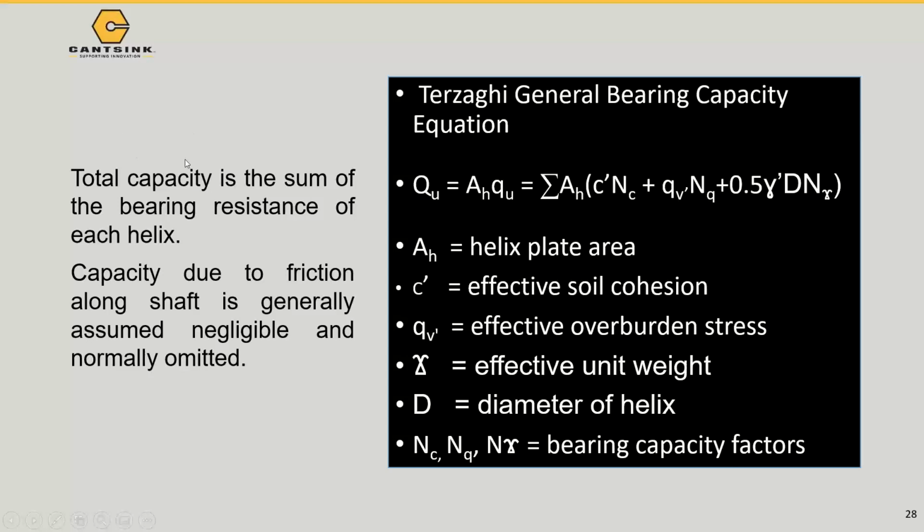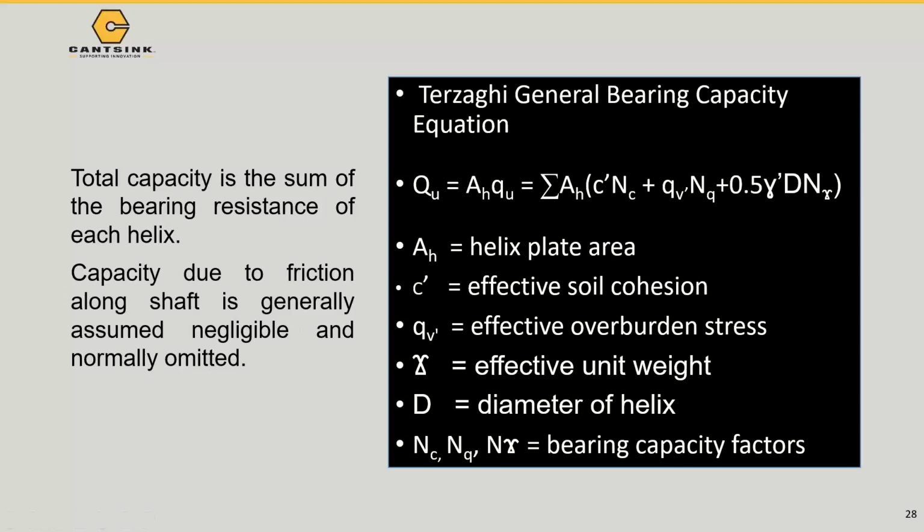It's negligible. And the other thing, we talked about small diameter shafts. That means the capacity due to friction along the shaft is very small. We did some calculations and it's very small, so we neglected it. But when we talk about large diameter helical piles, friction along the shaft plays a big portion of the helical pile resistance. For small diameter helical piles, right now, we just ignore the friction along the shaft because it's so small.